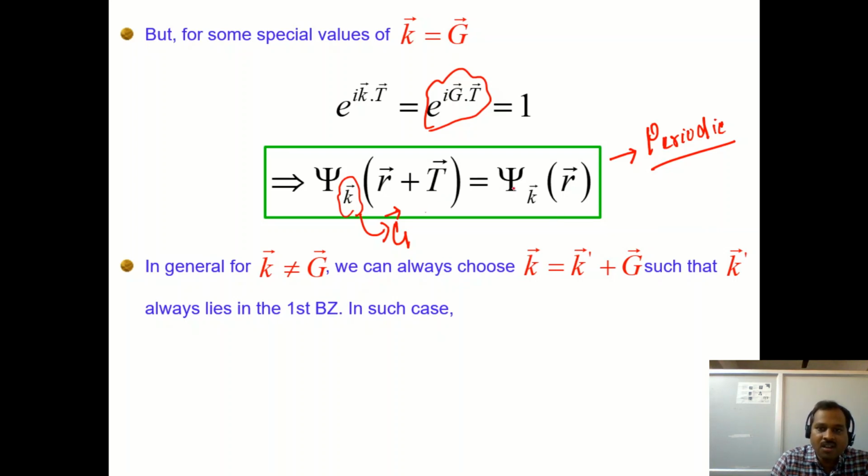If it is not the case, then there is one extra phase factor, that is e^(ik·T).